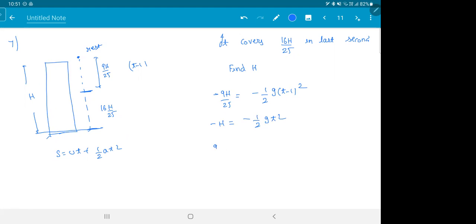Divide them. You get 9 by 25 equals (t minus 1) square by t square. Put a square root on both sides. 3 by 5 is (t minus 1) by t. 3t is 5t minus 5. You get 2t is equal to 5 and t is equal to 5 by 2.